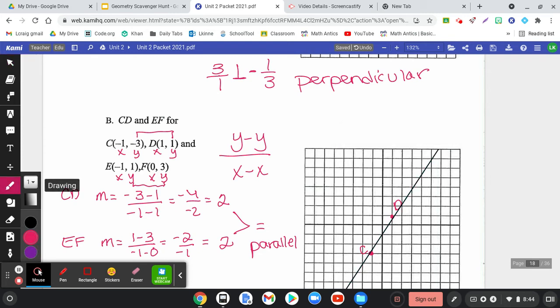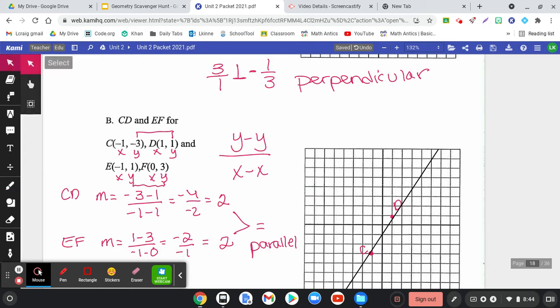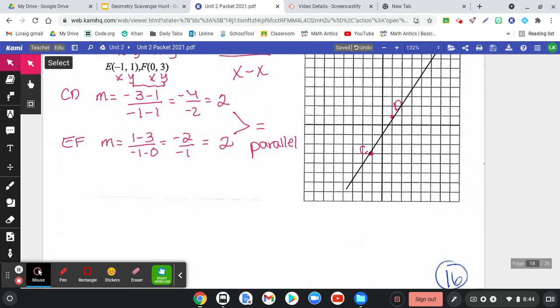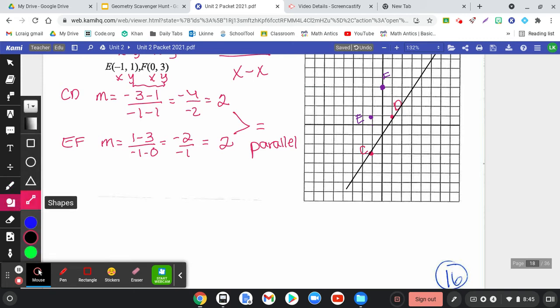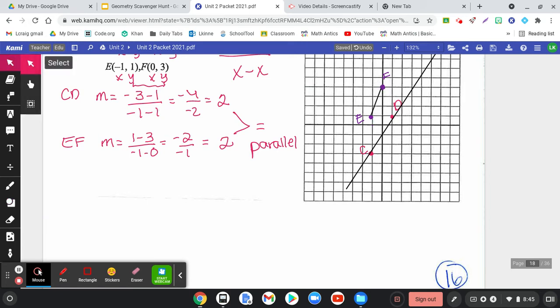All right, so let's do EF. Negative 1, 1. And 0, 3 again would be up here. So that was E and F. Always label. And we'll plot our points. Extend that out a little.